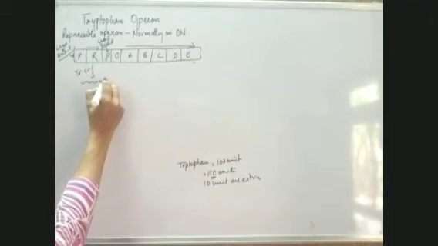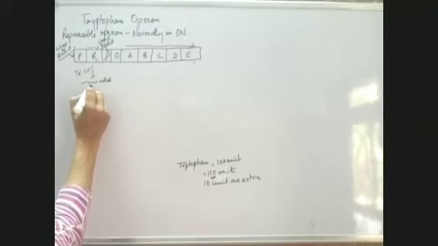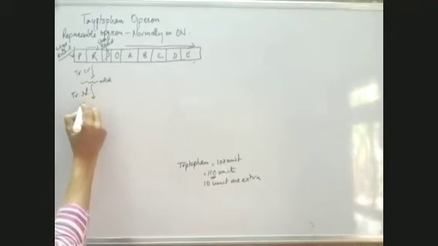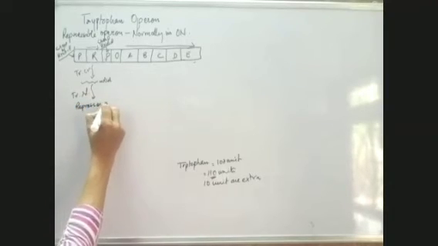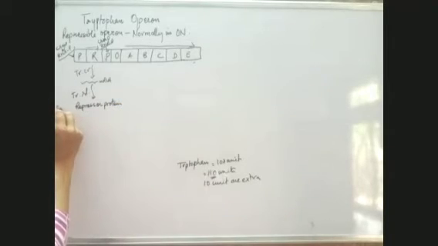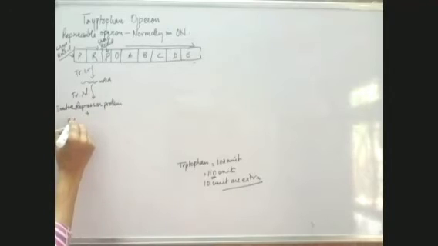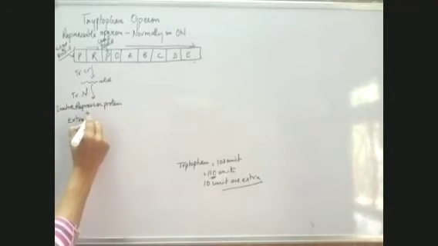This messenger RNA, by the process of translation, will form the repressor protein, which is in inactive state. Now what happens to this inactive repressor protein? To this inactive repressor protein, these extra tryptophans are added.